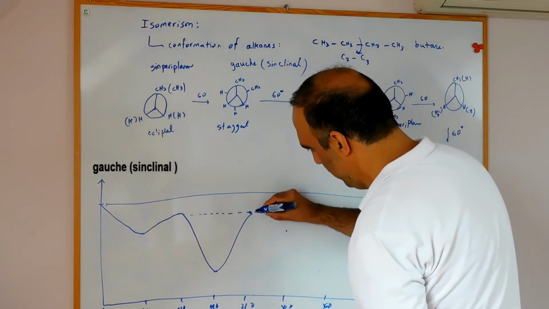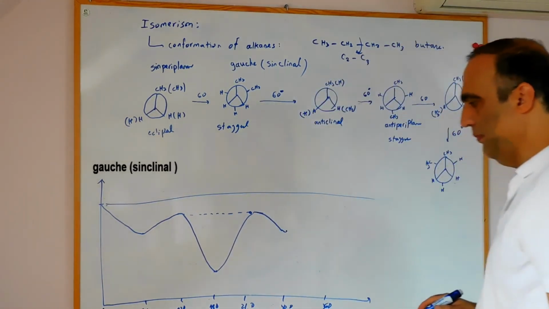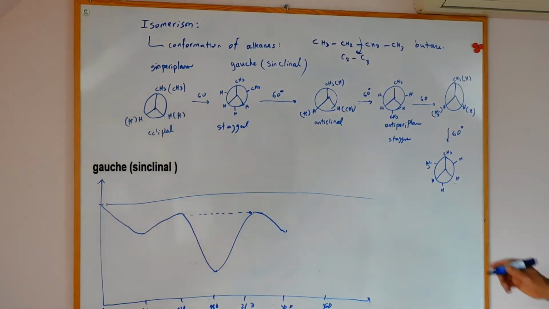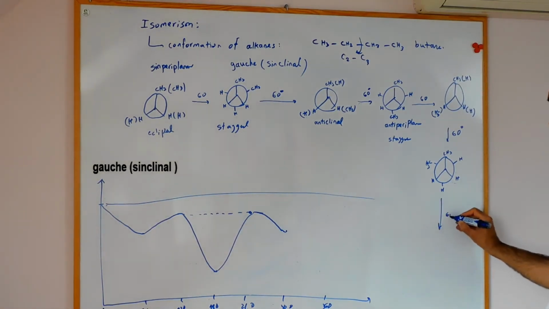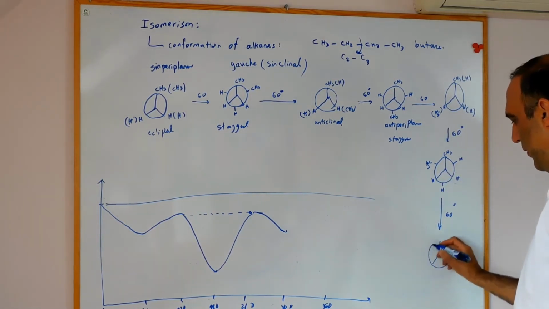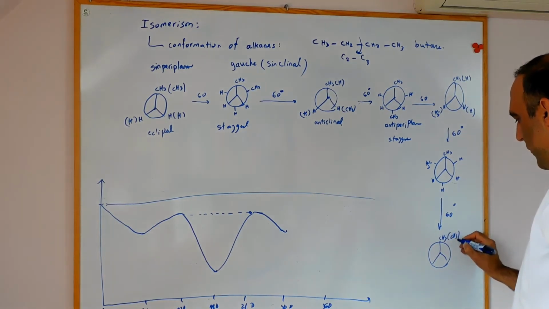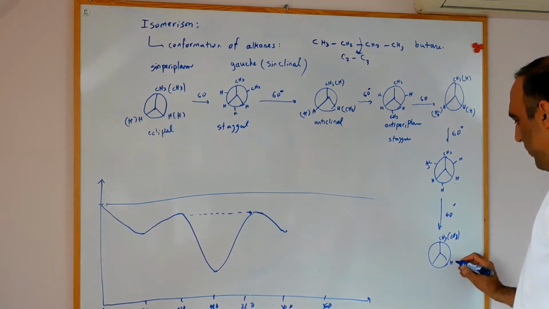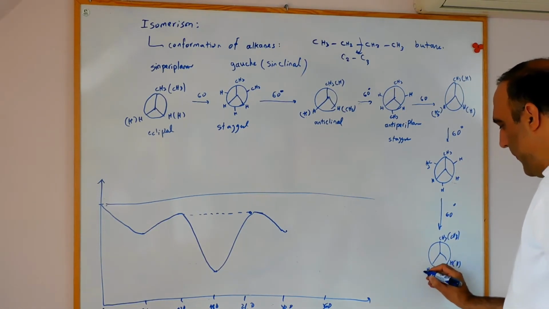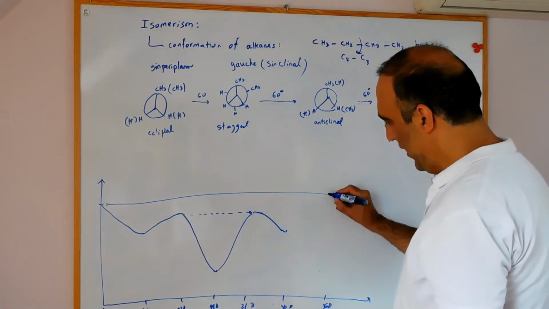Okay, I can draw until here. And the last 60 degrees, this methyl again will be closer to the methyl, and the hydrogens will be closer to hydrogen. And it is eclipsed again, syn-periplanar. It is the highest energy level in this situation.